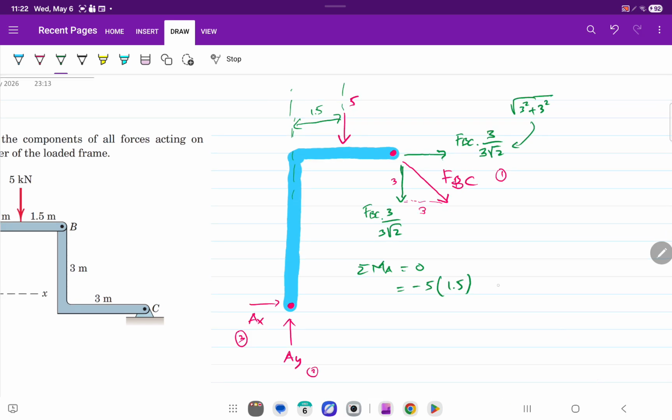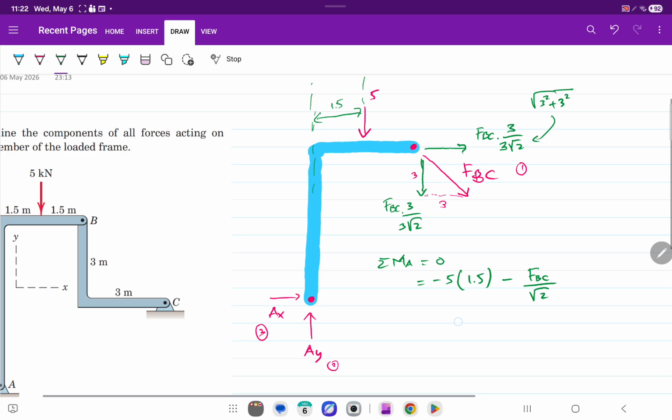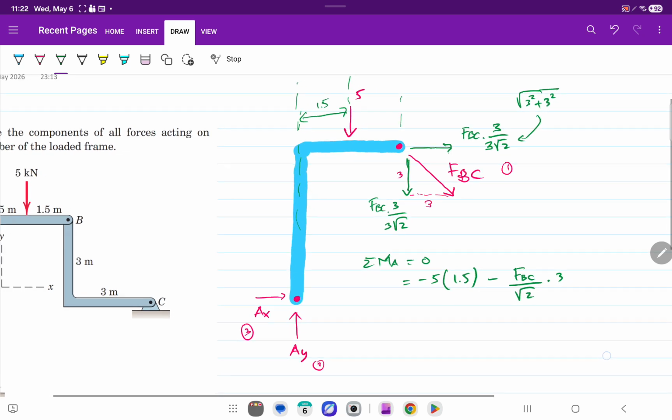And then minus FBC over square root of 2 times that distance, from here to here, total 3 meters, times 3. Anything else?